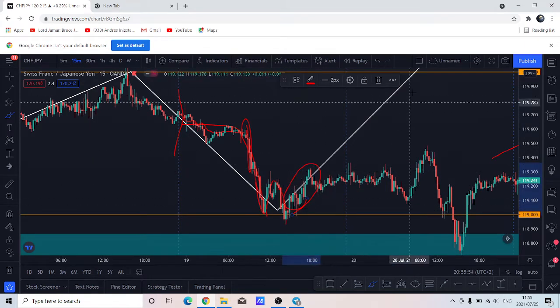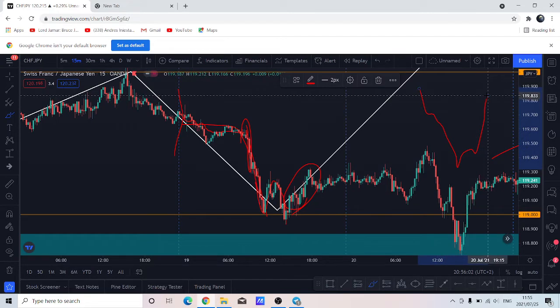Remember, whenever you see a big impulsive move in the London session, you must expect a reversal in the New York session. Okay, because the market moves in waves, so it is very rare to see the London session pushing down and then followed by a New York session breaking to the downside as well.